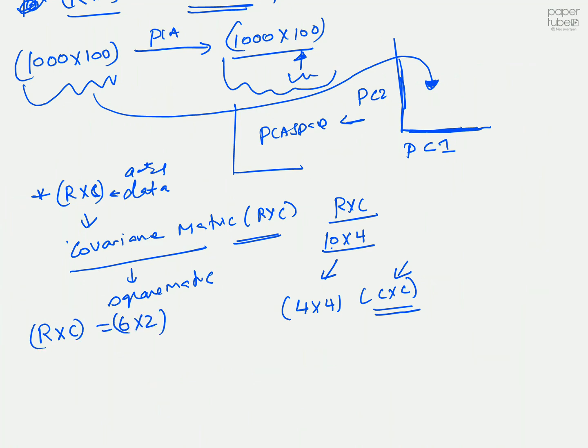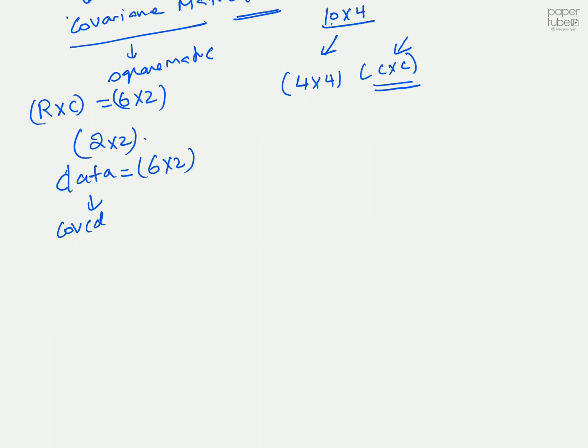If you take a covariance matrix, the size of that covariance matrix will be 2 multiplied by 2. So that will be the size of your covariance matrix. So let's call the actual database, let's call data. Data is equal to our actual database, which is 6 multiplied by 2. We take the covariance matrix, covariance of data, so you will get 2 by 2 matrix.